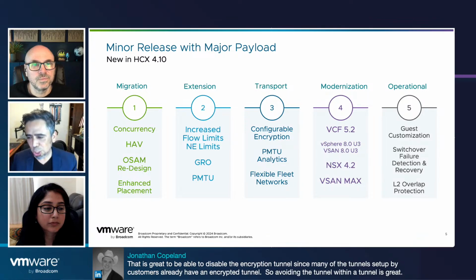Those are the traditional limits that we've had forever. In 4.10, we're tripling the per flow limit to 3 Gbps when you have encryption disabled. And at the appliance level, one appliance can handle 7 to 8 Gbps. So it's getting a lot closer to line rate when you disable that encryption. Okay.